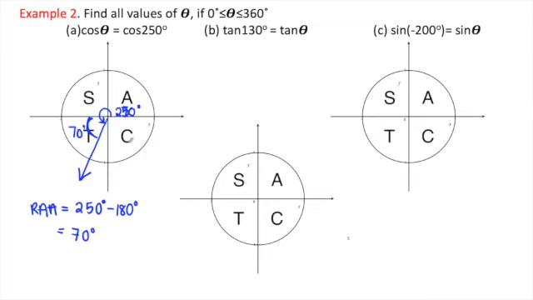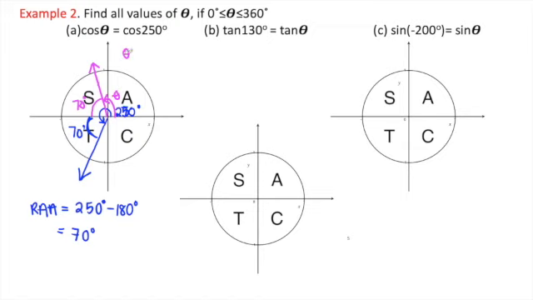So we need to find out where else cosine is negative. So you know it's not negative in the cos quadrant, you know it's not negative in the all quadrant. So you do know that it's going to be negative in this sine quadrant. So you're going to draw your related acute of 70 degrees, and then you're going to find that principal angle theta. So theta is going to be found there.